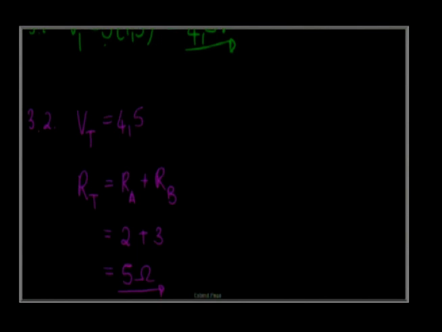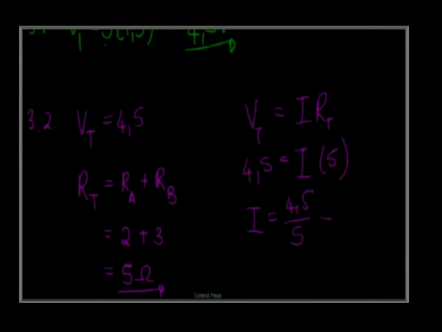With this information, we can go and calculate the total current in the circuit. And that would be your 4,5, unknown current, and your resistance of 5 ohm. So your current works out to be 4,5 divided by 5.